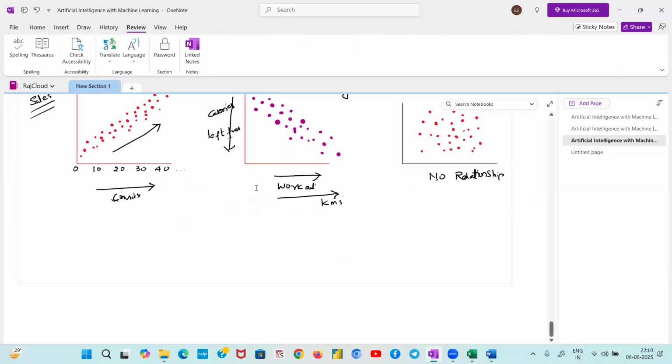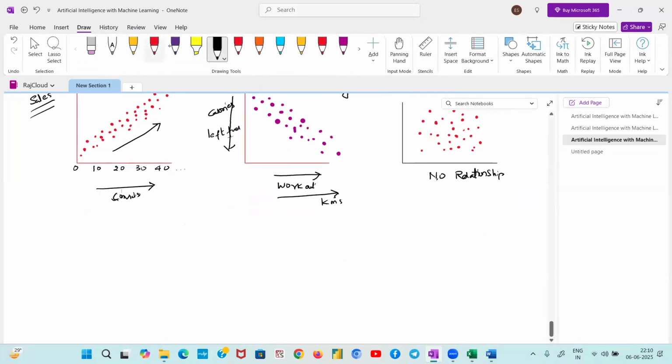But in machine learning, when you are learning a machine learning model, linear regression specifically, between X and Y I am expecting to see a good amount of either positive or negative relationship.